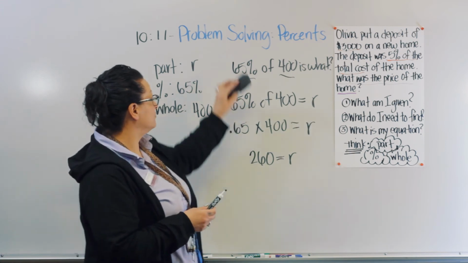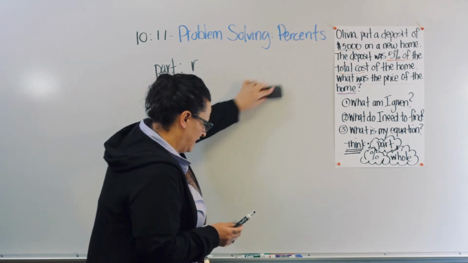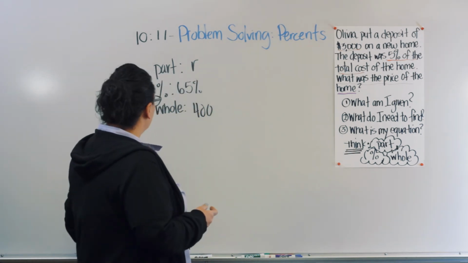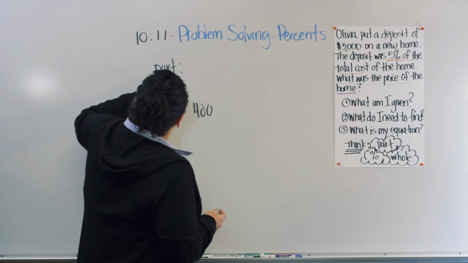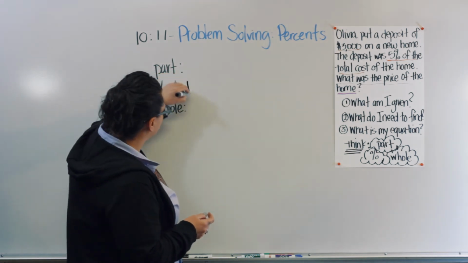Now the third part is when they ask to find the percentage, okay? So we know they're gonna ask this part right here. So we're gonna have a variable there. We know that.